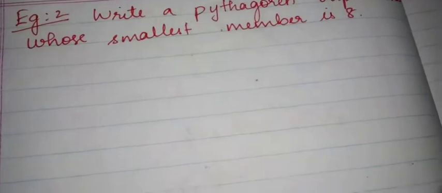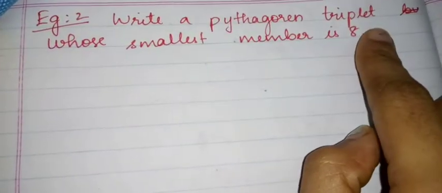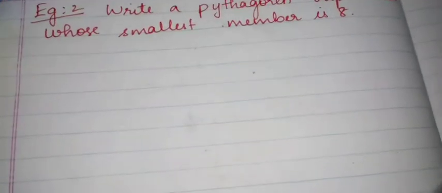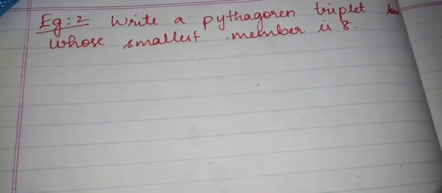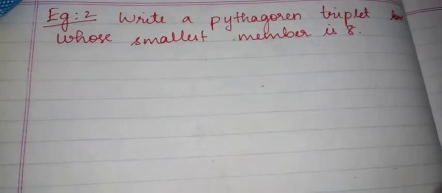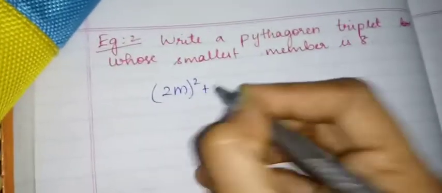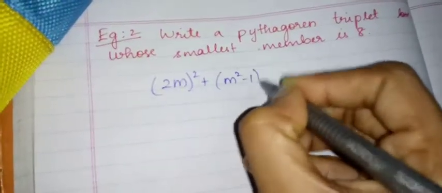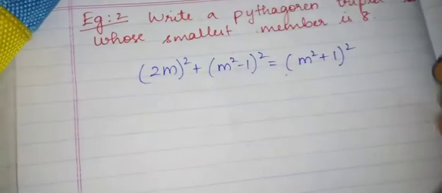Example number 2. What is the example, children? Write a Pythagorean triplet whose smallest member is 8. We have to find the Pythagorean triplet. What is the general form of Pythagorean triplet, children? 2m the whole square plus m square minus 1 the whole square is equal to m square plus 1 the whole square.